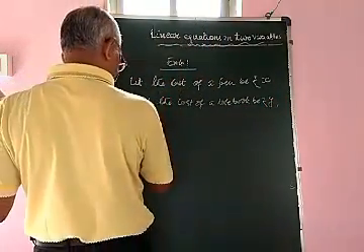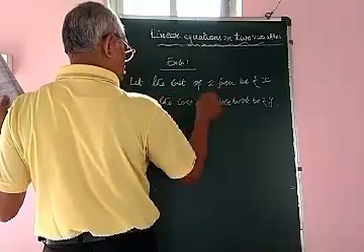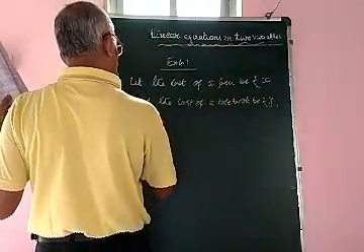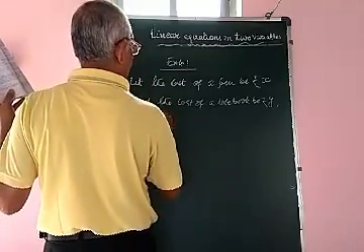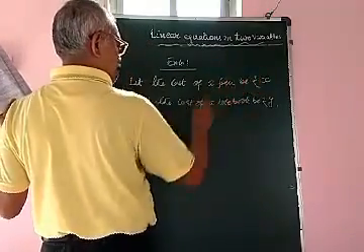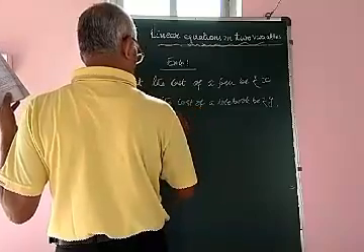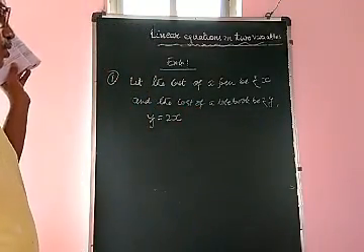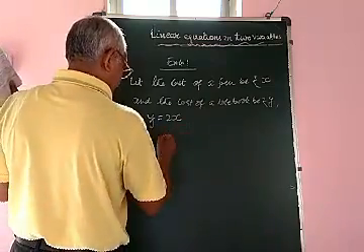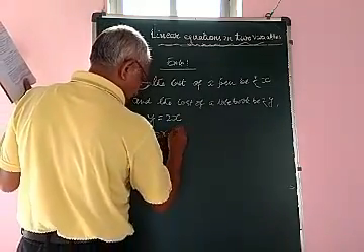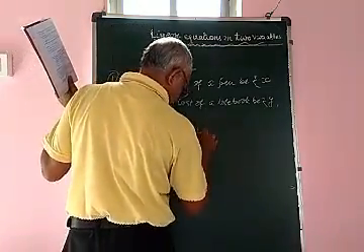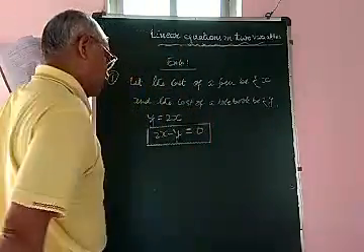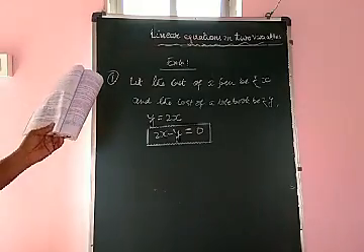Given that the cost of a notebook, meaning the cost y, is equal to twice the cost of the pen. So this is y is equal to 2x, and we write 2x minus y is equal to 0. This is the linear equation in two variables.